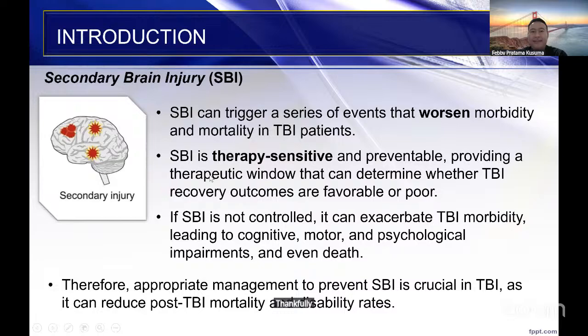Thankfully, secondary brain injury is therapy sensitive and preventable, providing a therapeutic window that can determine whether the traumatic brain injury recovery outcomes are favorable or poor. If it is not controlled, it can exacerbate TBI morbidity, leading to cognitive, motor, and psychological impairments and even death. Therefore, appropriate management to prevent secondary brain injury is crucial in TBI as it can reduce post-TBI mortality and disability rates.